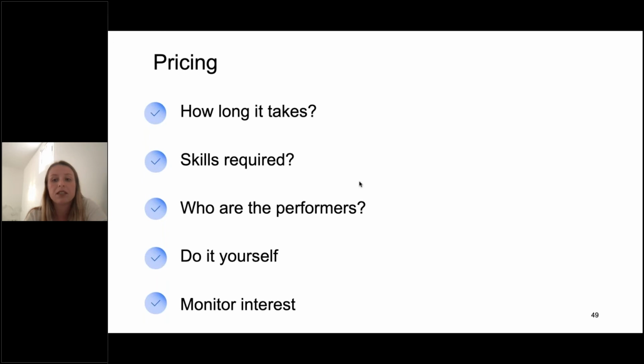Another tip here is, if you want to decide on the price, you should do the task yourself, time how long it takes you, and that should help you to judge how much you should pay for it. Once you already launch a task, you could also monitor interest. And if you see that there is not enough interest, you could maybe consider increasing the price that you offer for a specific task.